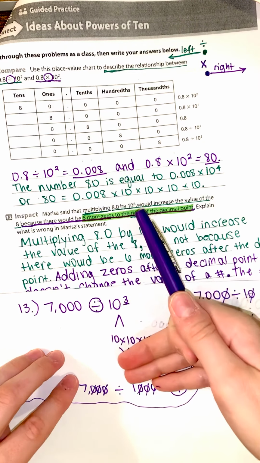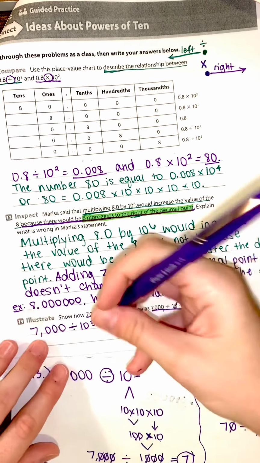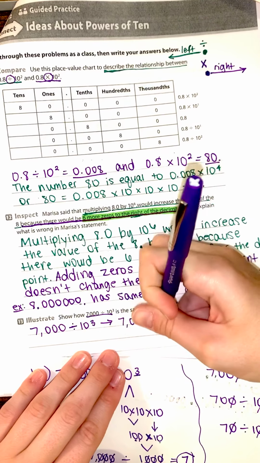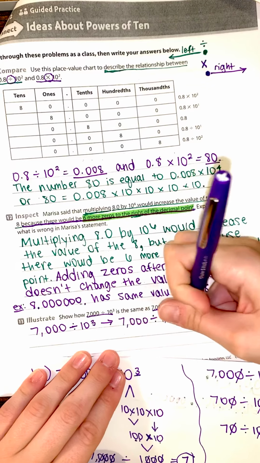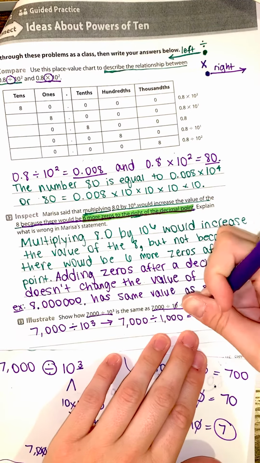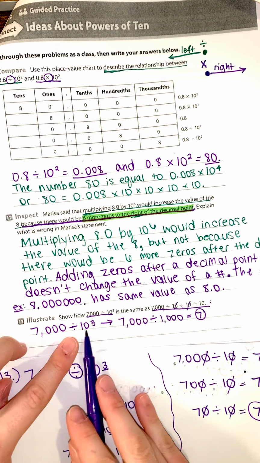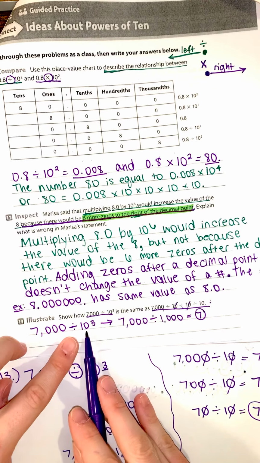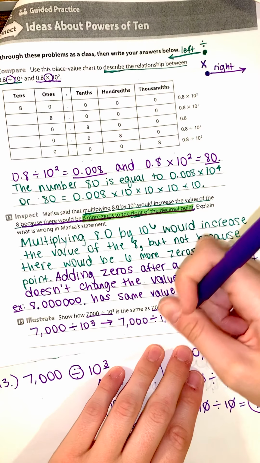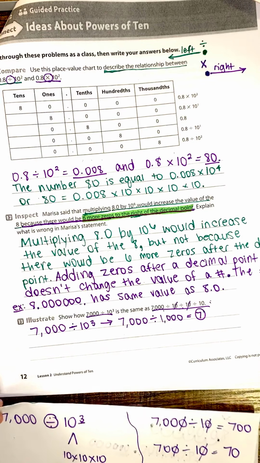So we're just going to skip this, and we got 7,000 divided by 1,000, which gave us the answer of 7, right? So basically all we did was we broke down that power of 10 3 times. It turned into 1,000, and we just divided it by marking out those zeros. Remember? We marked out those zeros, and it gave us the answer of 7.